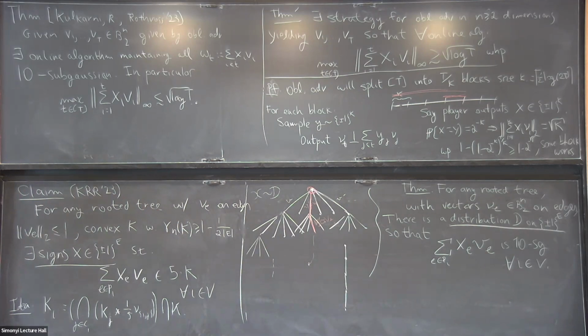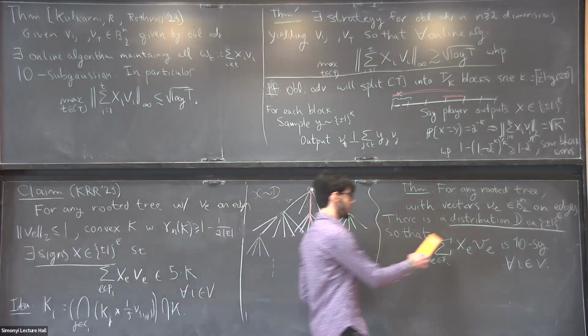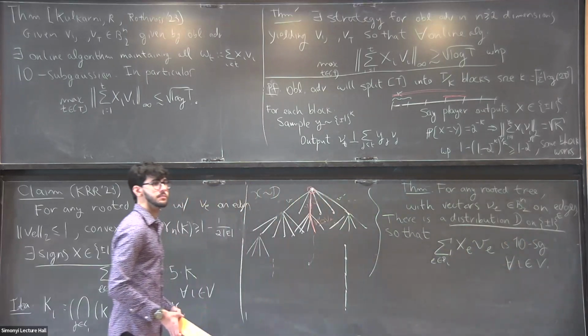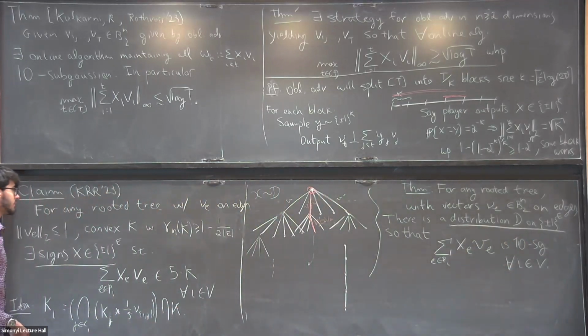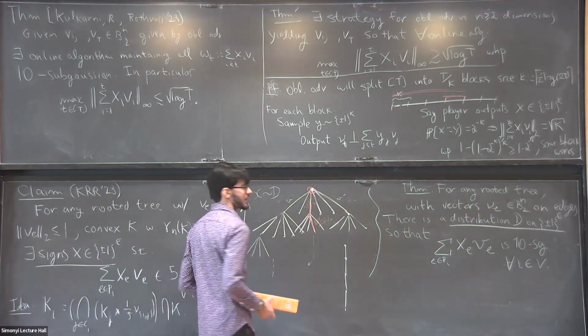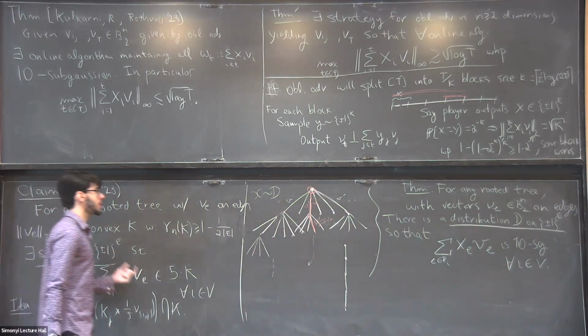Okay, ignore the question. I think we can do what you're saying. It just doesn't imply directly that there is a distribution over signs such that everything is subgaussian. It doesn't imply it by what I'm going to talk about next, but I don't see why immediately having a single sign would give something that's subgaussian.